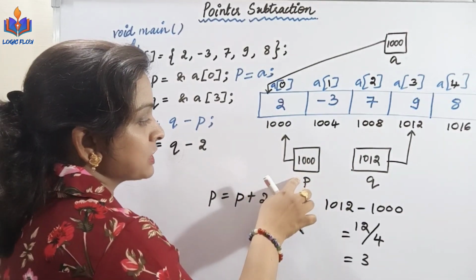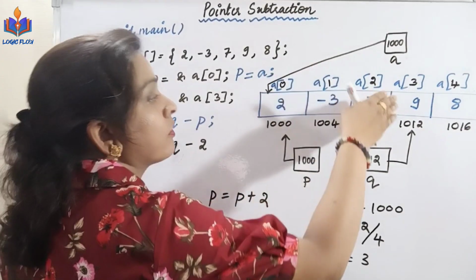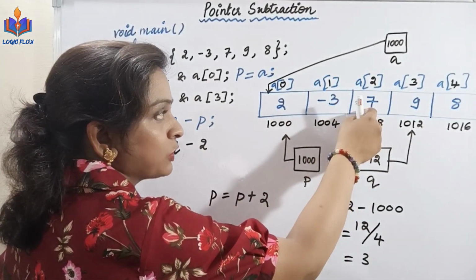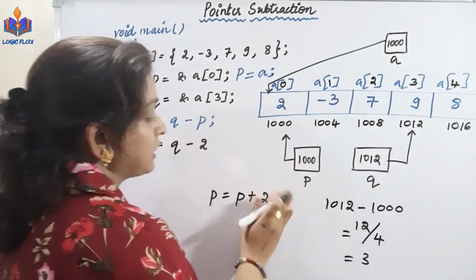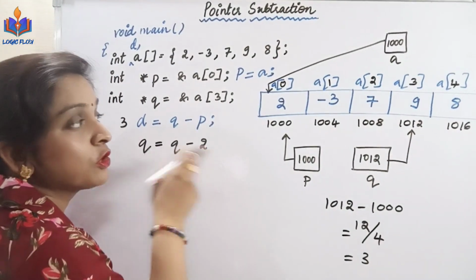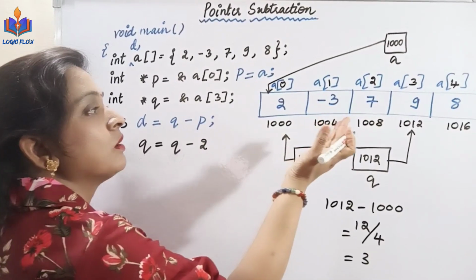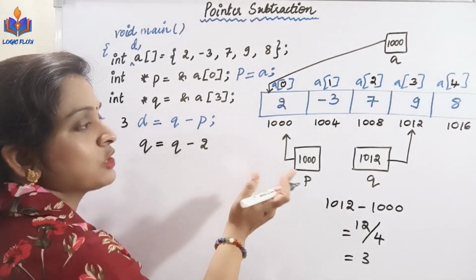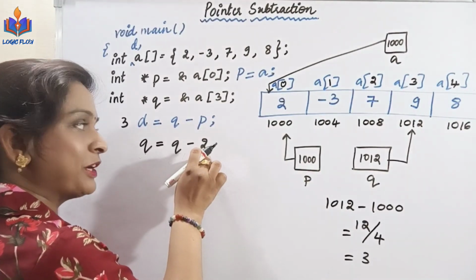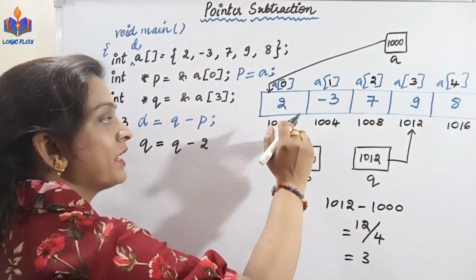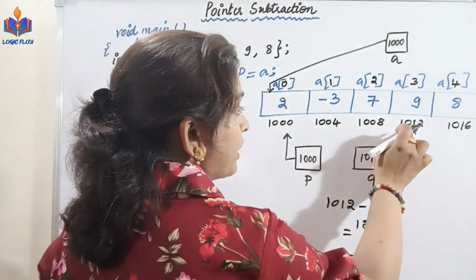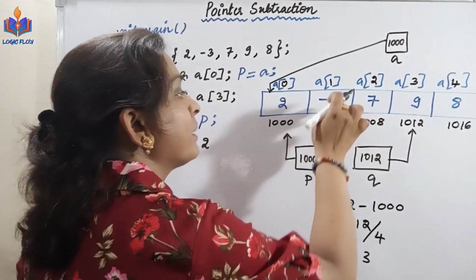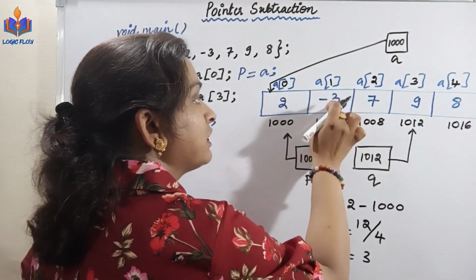So pointer P is pointing to 1000, then moving forward by 2 elements means it will point to the element 7, that is 1008. But now Q equal to Q minus 2 means I have to move backward. When I say plus 2, it moves forward. When I say minus, it moves backward by that value. So move backward by 2 elements from 1012, 1, 2. So my answer will be 1004, which holds the value minus 3.